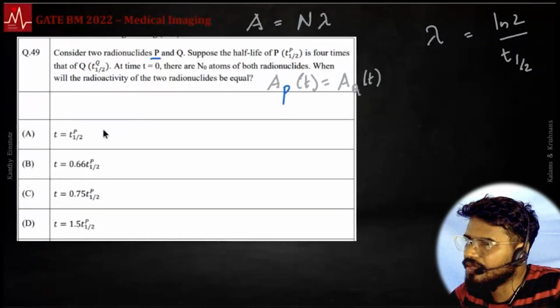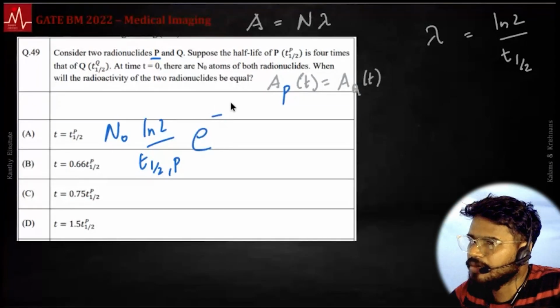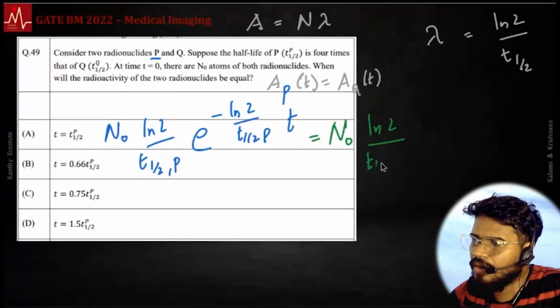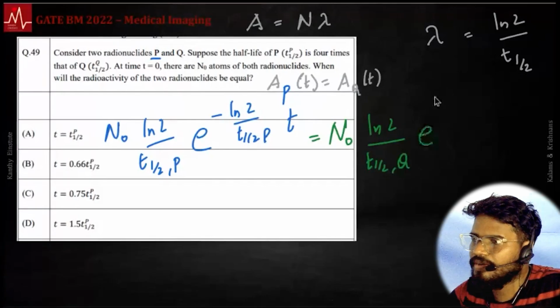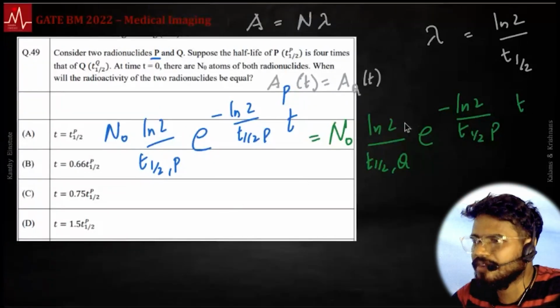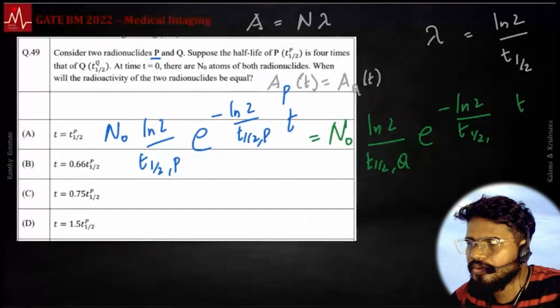We have N naught lambda, that is ln 2 by T half of P, times e power minus lambda T, that is minus ln 2 by T half of P into T. That equals N naught ln 2 by T half of Q, e power minus ln 2 by T half of Q into T. Be careful with the subscripts.